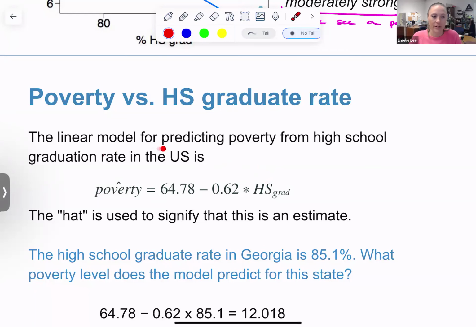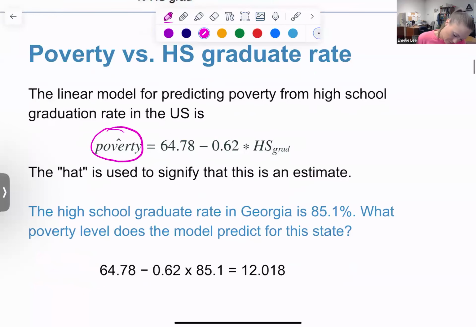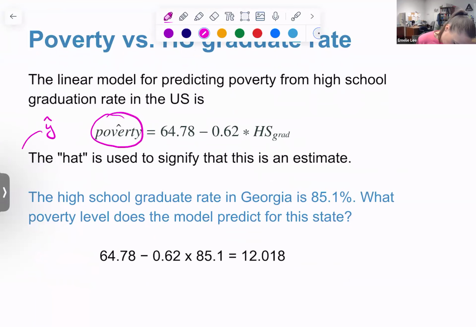And so the linear model for predicting poverty from high school graduation rates in the US is this. Now notice here, the percentage in poverty is your Y, and Y hat is the predicted value of Y. When you put a hat on it, we've seen p hat before, that's the sample proportion.